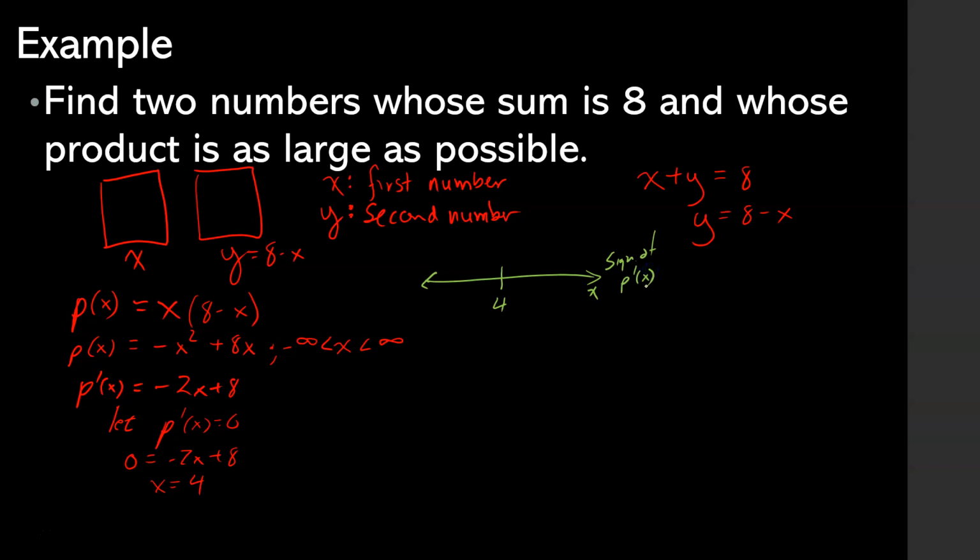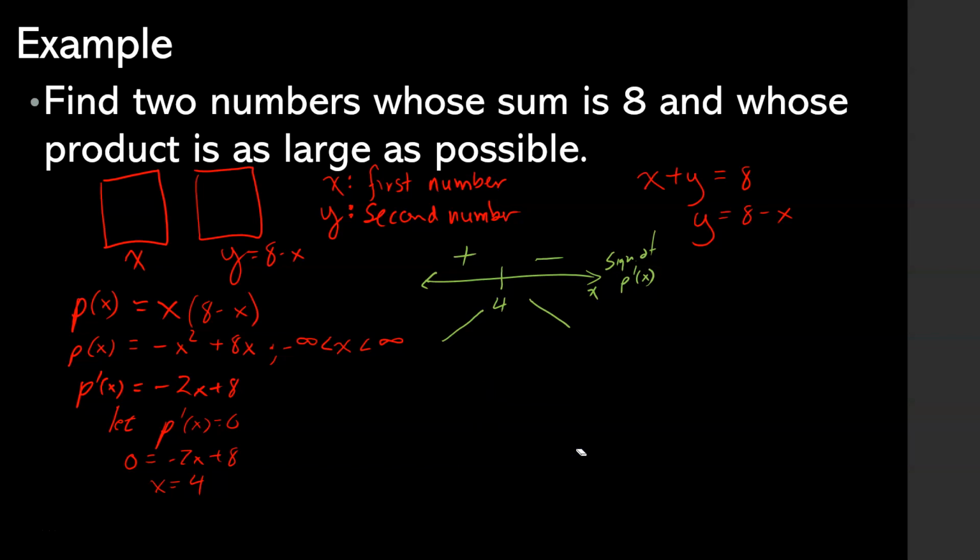So let's choose a number less than 4. We're probably all choosing 0, which makes p prime equal to 8, and p prime is positive, which means p increases for values less than 4. Choose a number greater than 4, like a million. P prime is negative, p decreases for values greater than 4, which is what we were thinking anyways. That matches the inverted parabola we were already thinking.